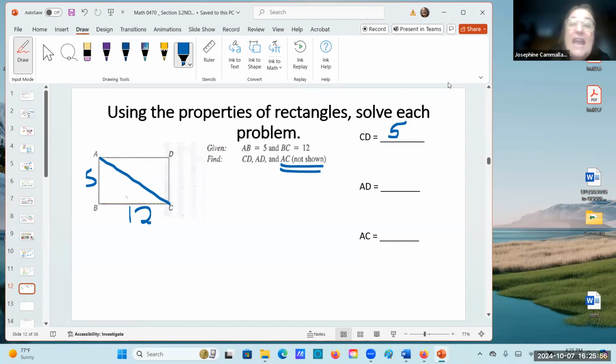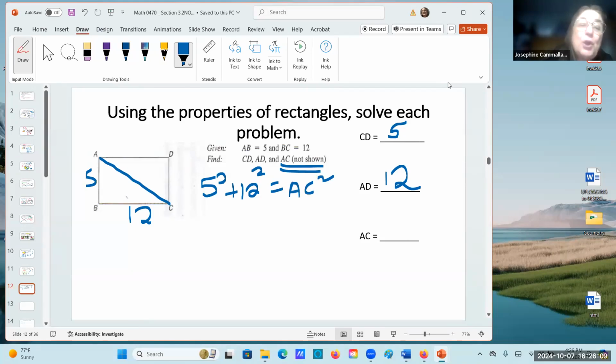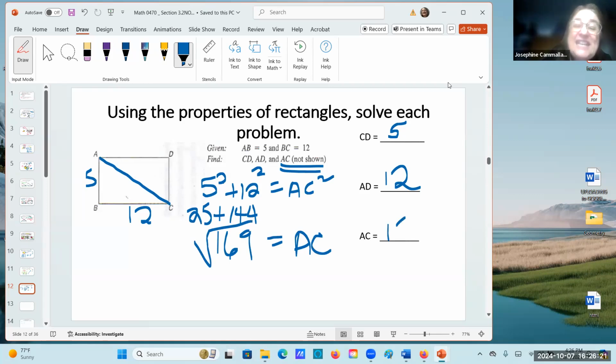CD is 5. AD is 12. And it's 5 squared plus 12 squared is equal to AC squared. 25 plus 144 is 169. Now take the square root. AC is 13. Any questions with this?